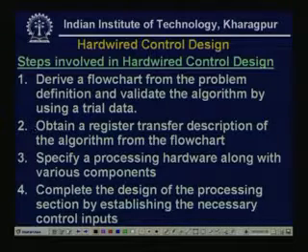Step 2, obtain a register transfer description of the algorithm from the flowchart. Step 3, specify a processing hardware along with various components. Step 4, complete the design of the processing section by establishing the necessary control inputs. So, from here we identify the processing hardware with the components needed, and then we complete the design of the processing section.